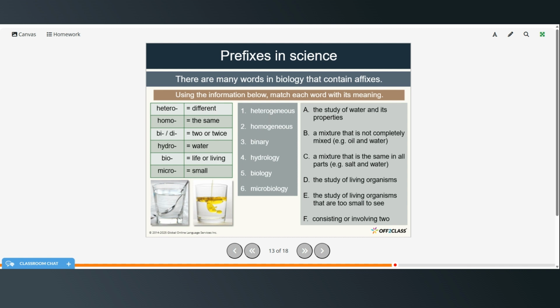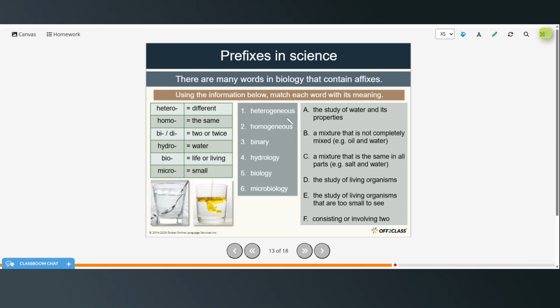So we could see if we can figure out the definition of heterogeneous, knowing that hetero means different.